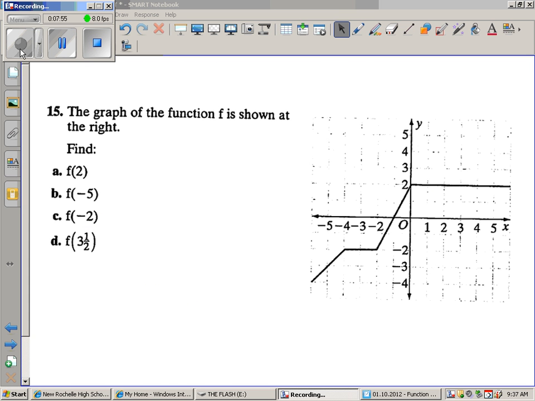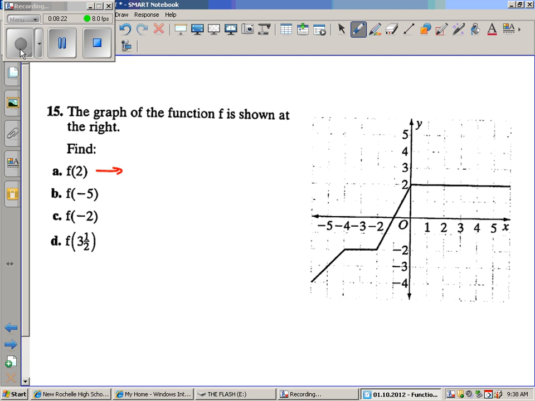Okay. Now suppose instead of an equation, they give you a graph. How do you find stuff out? Any ideas? How about Zoe? Nate, take a look.